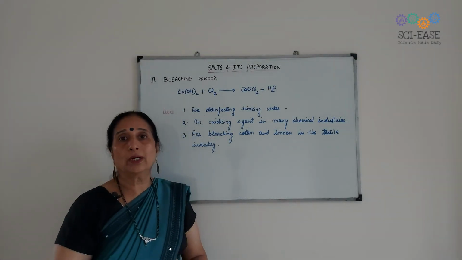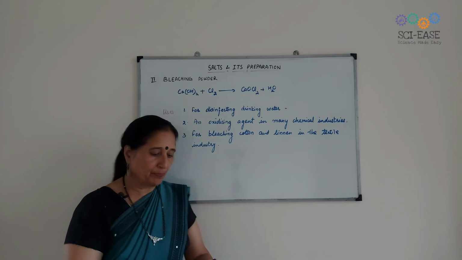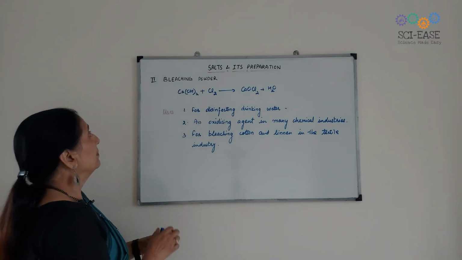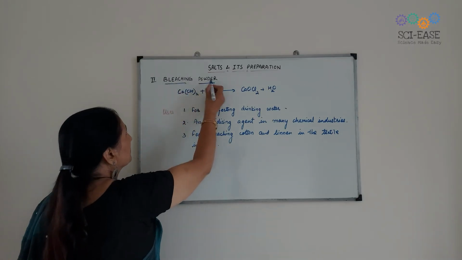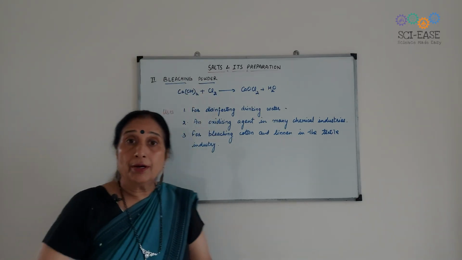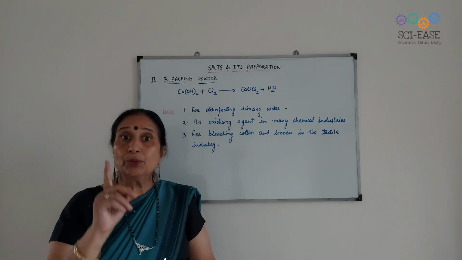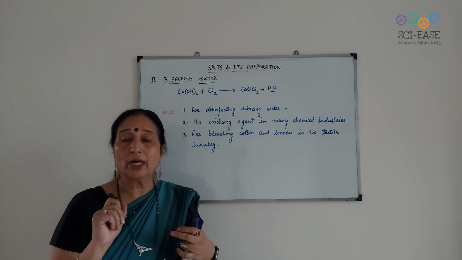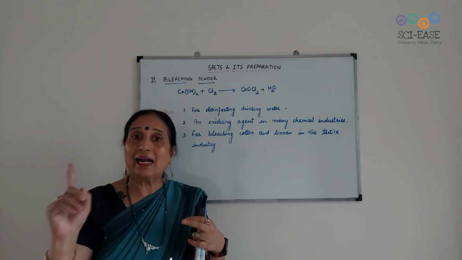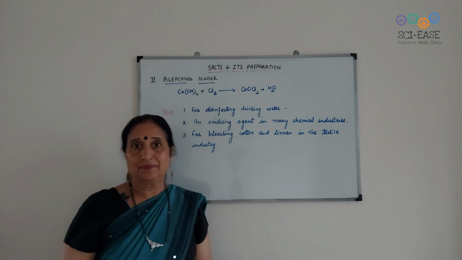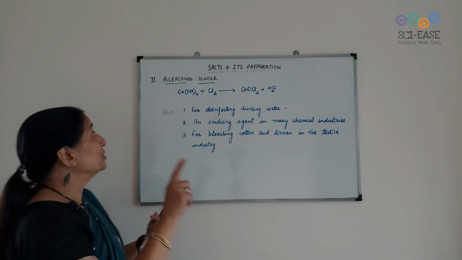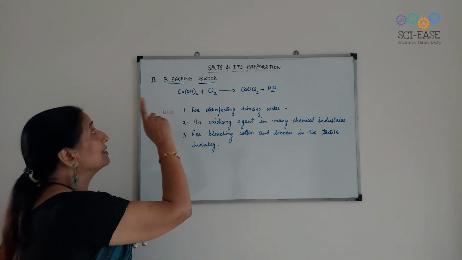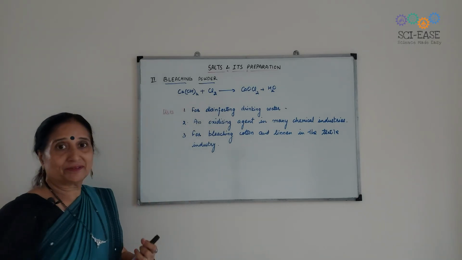Now the second salt, bleaching powder. You know that during the preparation of caustic soda, chlorine is liberated. That chlorine is used to prepare bleaching powder.